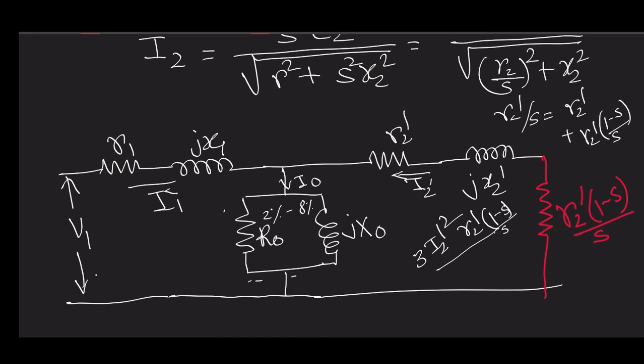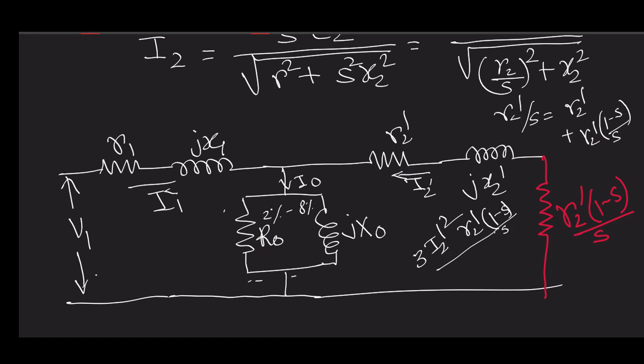Once you discard the losses from this, you will get the available power across your motor shaft. That means the mechanical power that you can extract from your motor shaft, you can get from this equation.